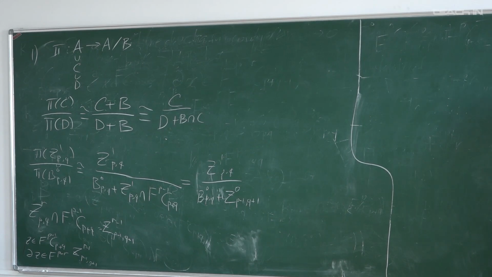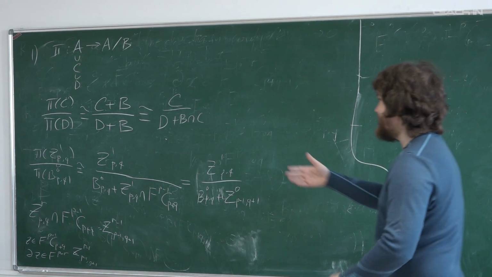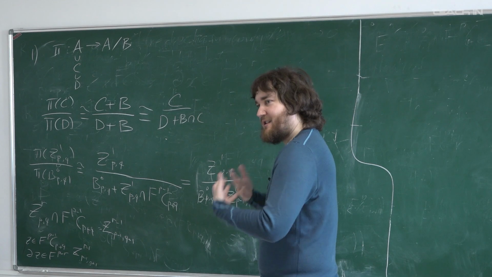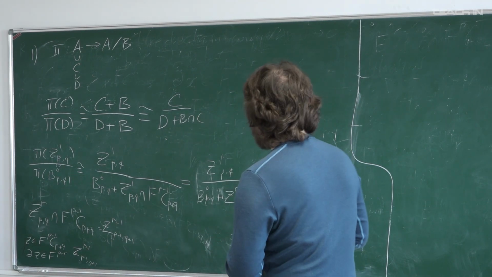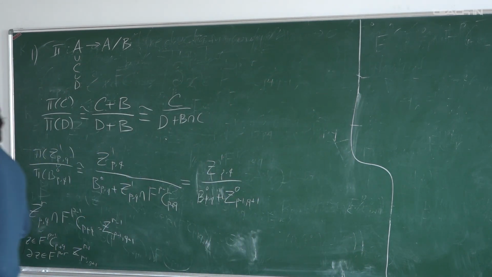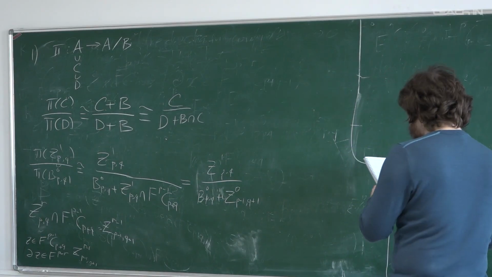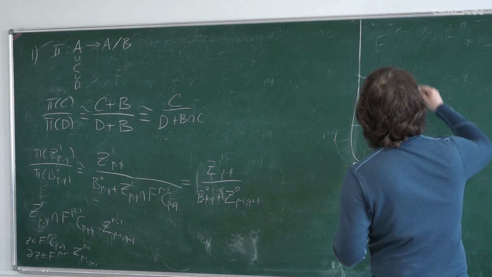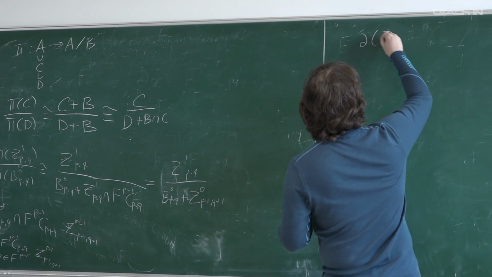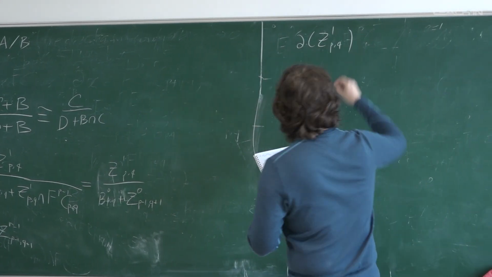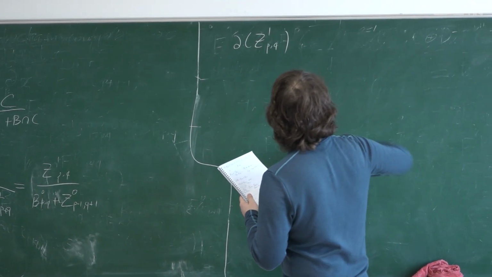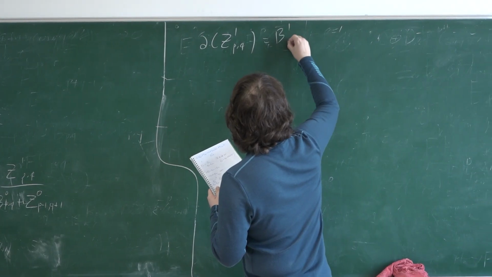Now we obtain the 0 page, the 0 differential, and I have the first page. We need to construct the next differential, on this page of degree minus 1, 0. It's easy, because now I have my differential d. It sends Z1 PQ to, by definition, B1 PQ.